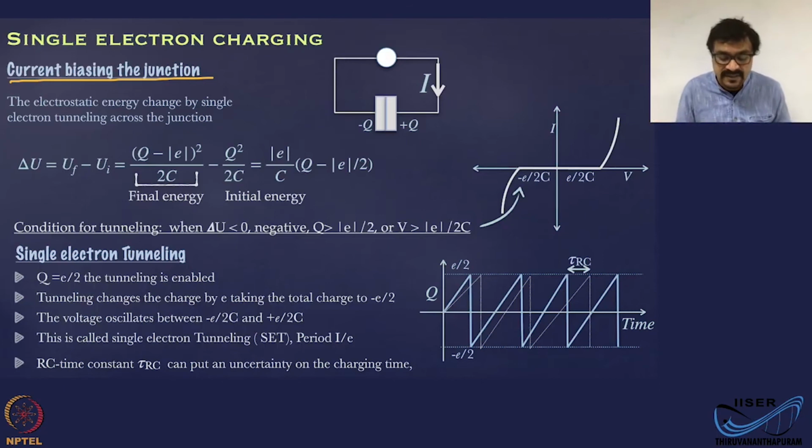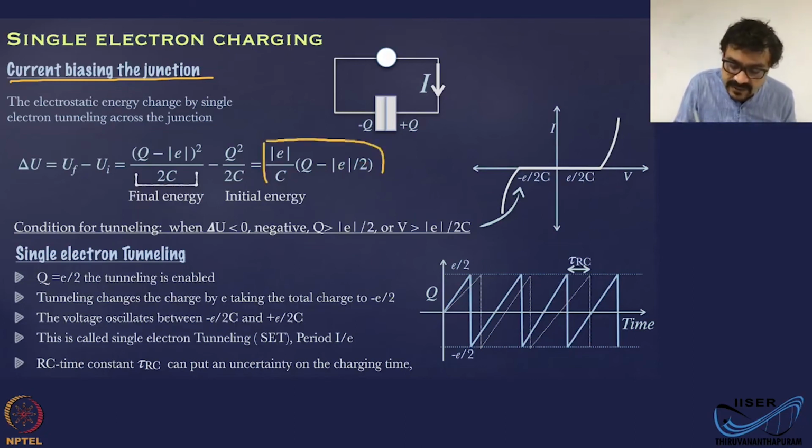Then the energy difference between before and after: (Q minus e) is the final charge, and Q is the initial charge, and the square of this charge divided by the capacitance is going to give you the final energy. Here the square of the initial charge by the capacitance gives you the initial energy. So the difference here, delta U, is this quantity here, e by C into (Q minus e by 2).